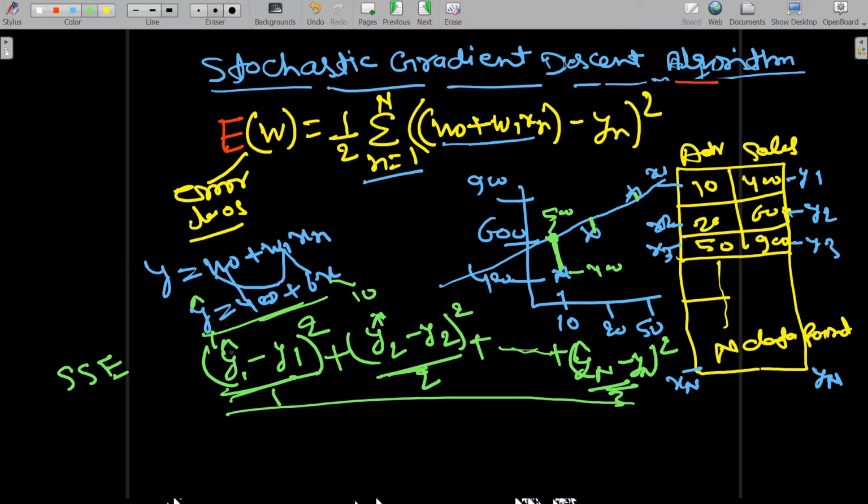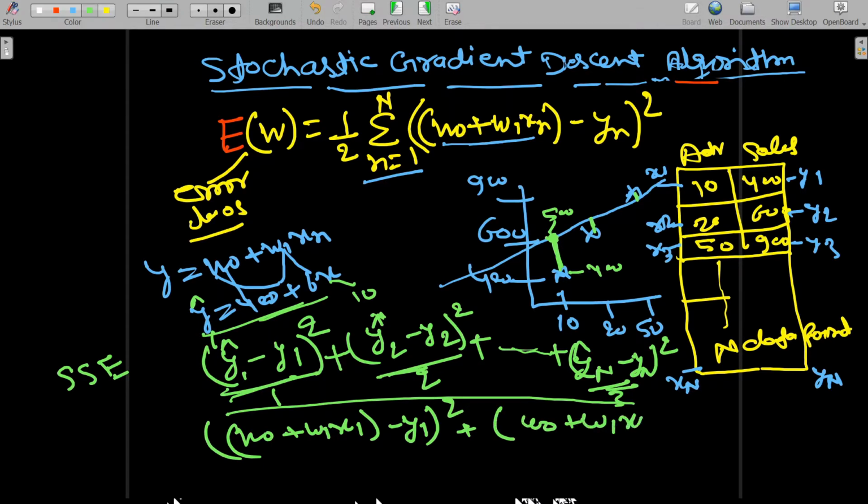And in place of y cap, when we generalize it, we can write w0 + w1 x1 - y1 whole square. Similarly for y2, w0 + w1 x2 - y2 whole square, and the same thing for yn.